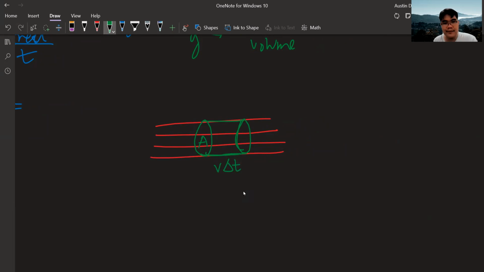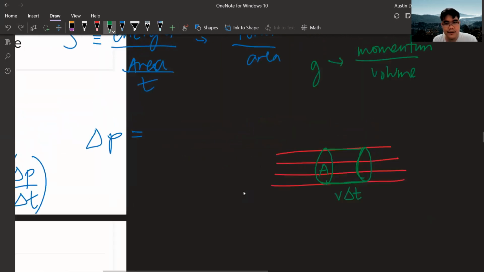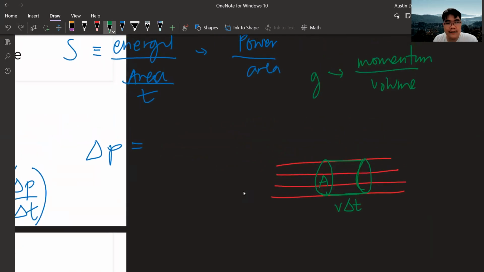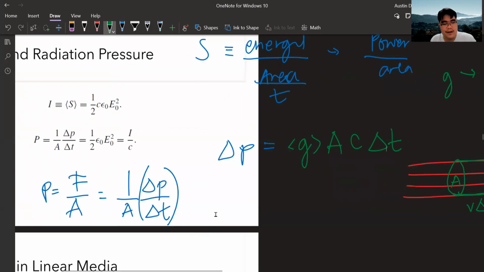Tama? So, para mabuo yung momentum, you'd need G, the time average of G, tapos times the volume, which is A, V, actually C dapat to. But you get the point. C delta T. Tama ba yung ginawa ko? Tignan natin.